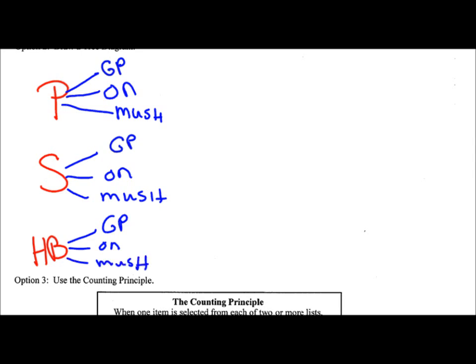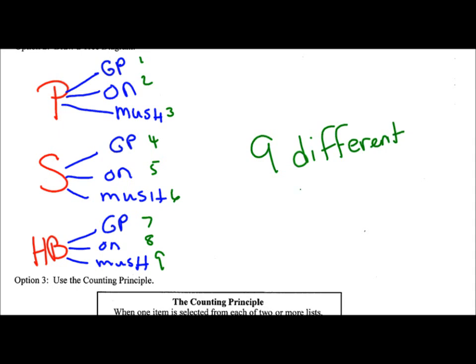And here are the different pizzas that I could come up with. I don't have a list that's any different. I still have 1, 2, 3, 4, 5, 6, 7, 8, 9 different pizzas that I can make out of these toppings.